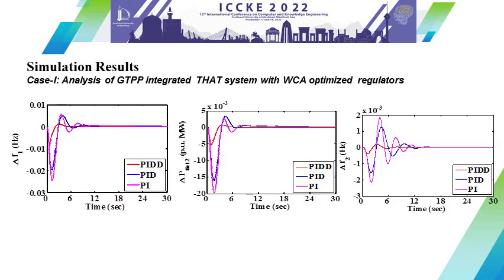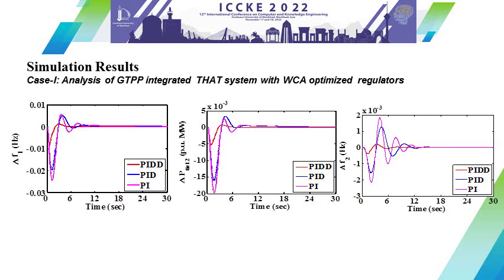The dynamic responses have been compared for a step load perturbation of 10% on only area 1. We have implemented three controllers, one after the other: proportional integral, PI; proportional integral derivative, PID; and proportional integral double derivative, that is PIDD. And these are the simulation results.